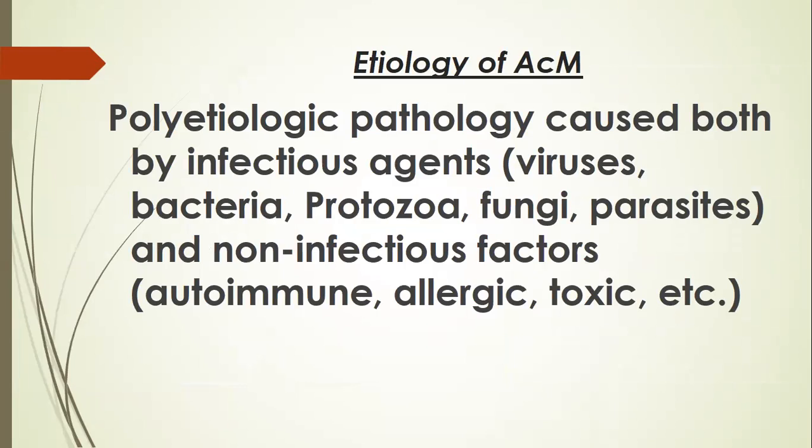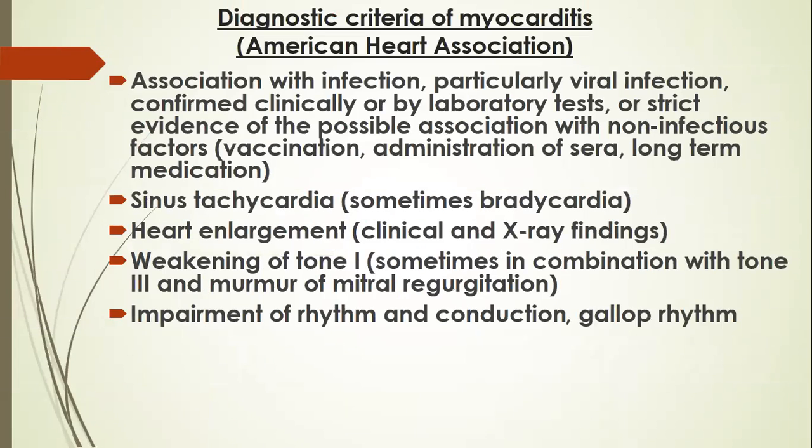The etiology of myocarditis can be different infectious agents like viruses, bacteria, protozoa, parasites, and non-infectious factors: autoimmune, allergic, toxic agents, and others. And according to the American Heart Association, there are several diagnostic criteria of myocarditis, and they are the following.